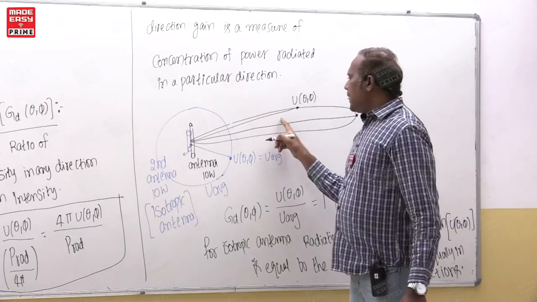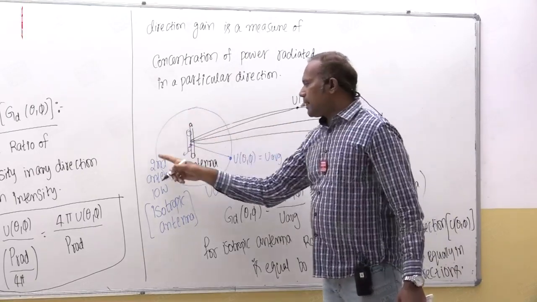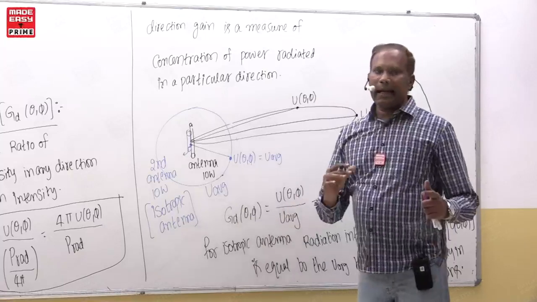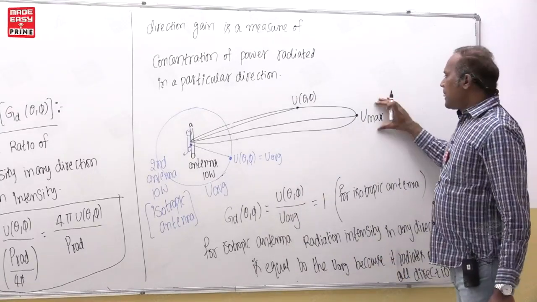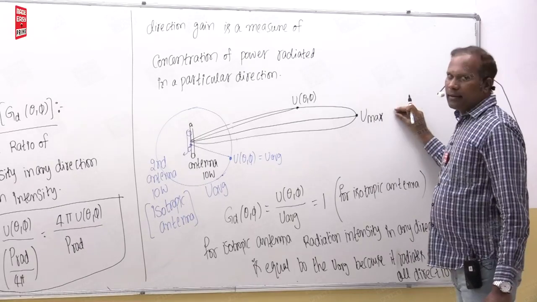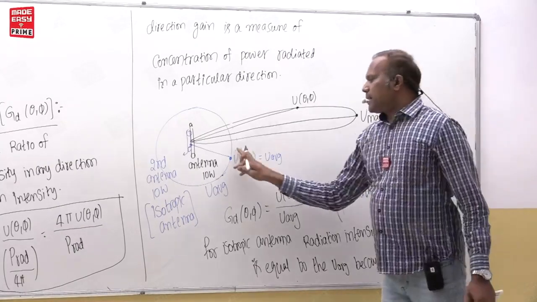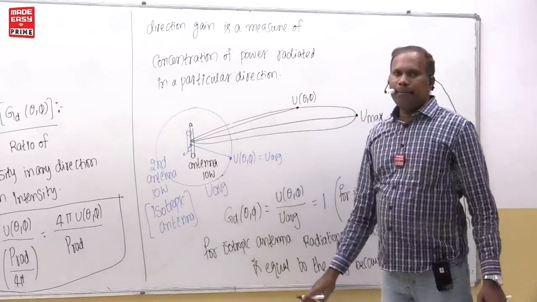And again, average radiation intensity of this antenna, U average, is constant. So 3 are there: maximum radiation intensity, which is constant, and average radiation intensity, which is also constant.